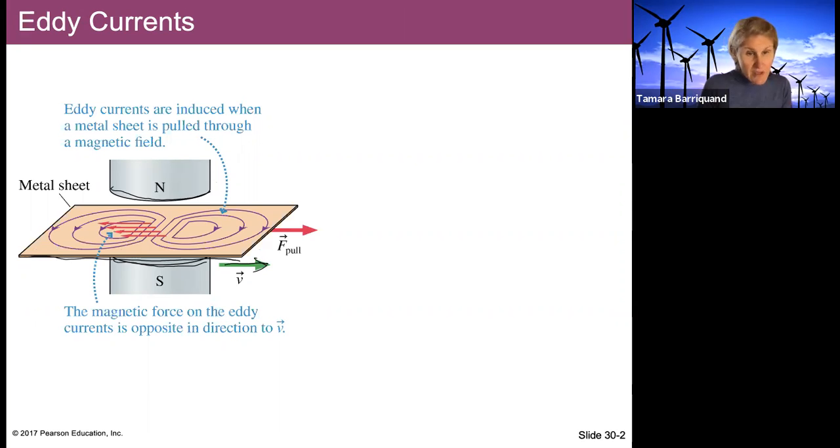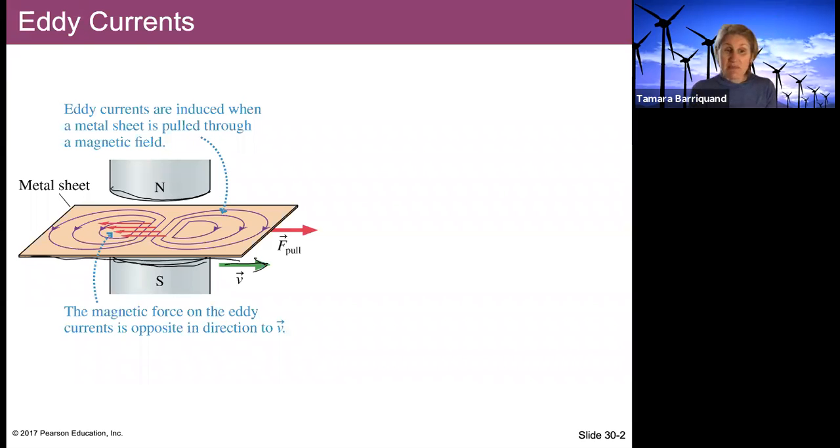As we pull it through, q v cross B will end up giving us a motional EMF, which will then cause currents to start happening inside our metal sheet.